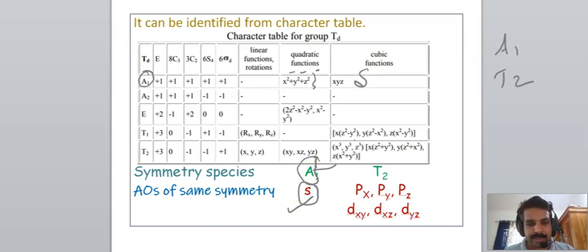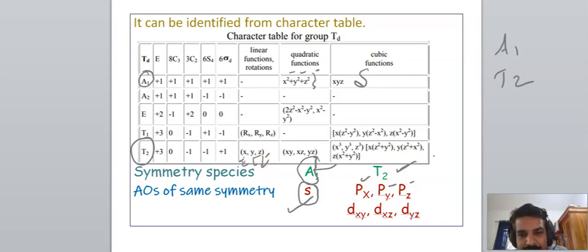Next is T2. We can see here x, y, z. We know that x represents the px orbital, y represents the py orbital, z represents the pz orbital. Therefore, atomic orbitals having T2 symmetry: one set is px, py, pz.